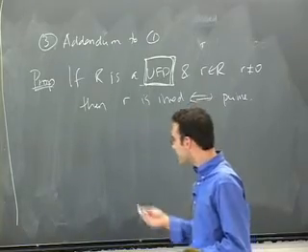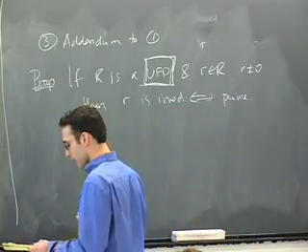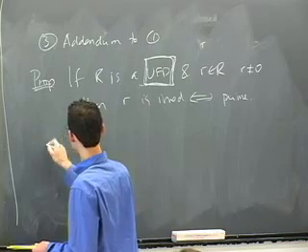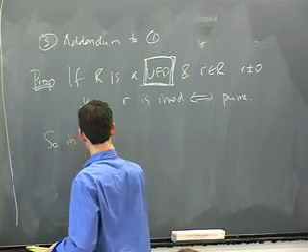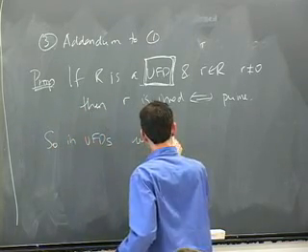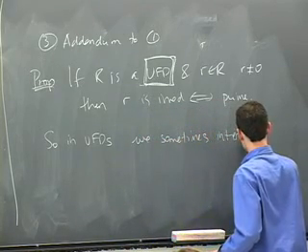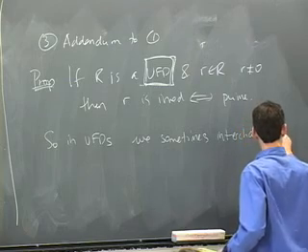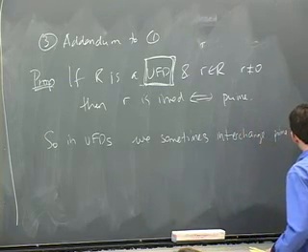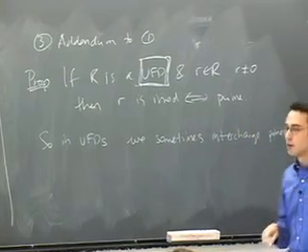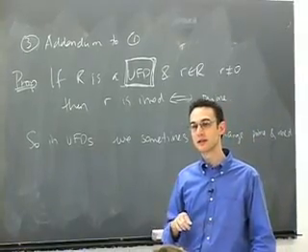That's why we often make this confusion. So in UFDs, we sometimes interchange prime and irreducible. But don't misapply this.